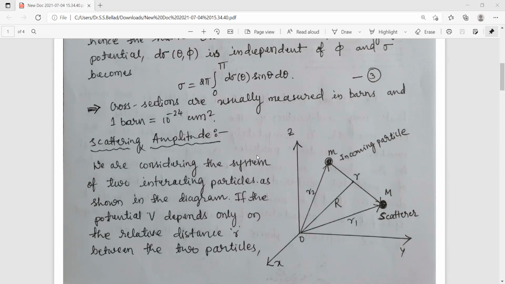To study this scattering amplitude, we have to consider the two particle system like this.